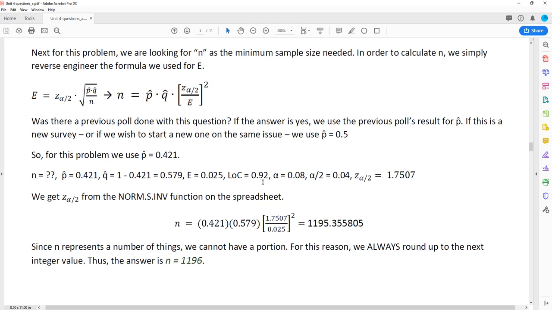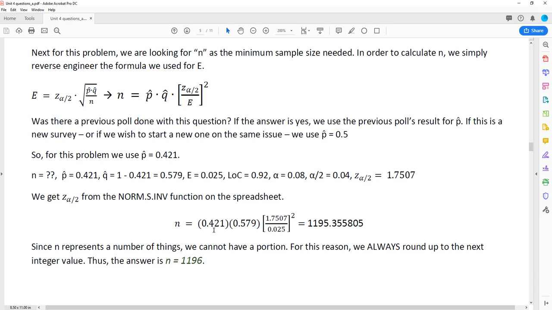But the level of confidence is explicitly stated as 92%, which means that alpha is equal to 0.08. Alpha over 2 is 0.04. When we look up z sub alpha over 2, and again, we're going to put this on a spreadsheet, we get 1.7507. And we get that from the norm.s.inv function on the spreadsheet.